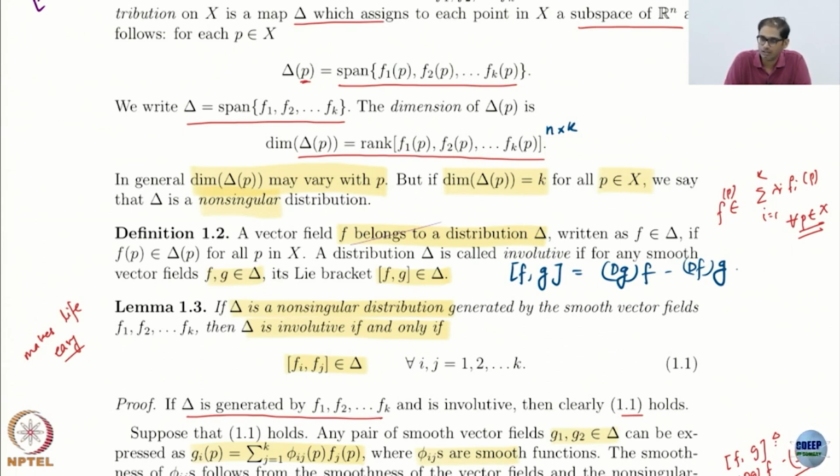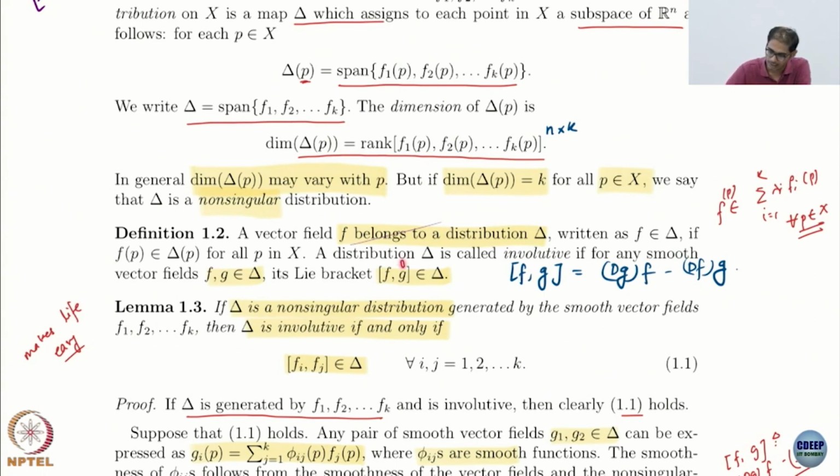Okay, so we are asking for more things now. We already talked about distribution and non-singularity of the distribution. Now we are saying what it means for a vector field to belong to a distribution. That's pretty straightforward, right? If you plug in any point, then F of P belongs to delta of P. And then you say that a distribution is involutive if, for two vector fields belonging to the distribution, their Lie bracket also has to belong to the distribution.